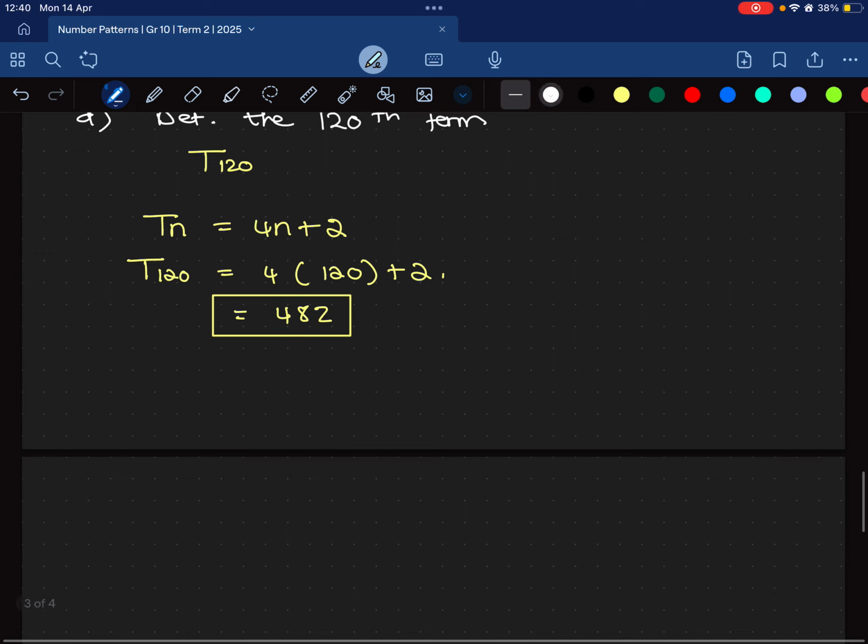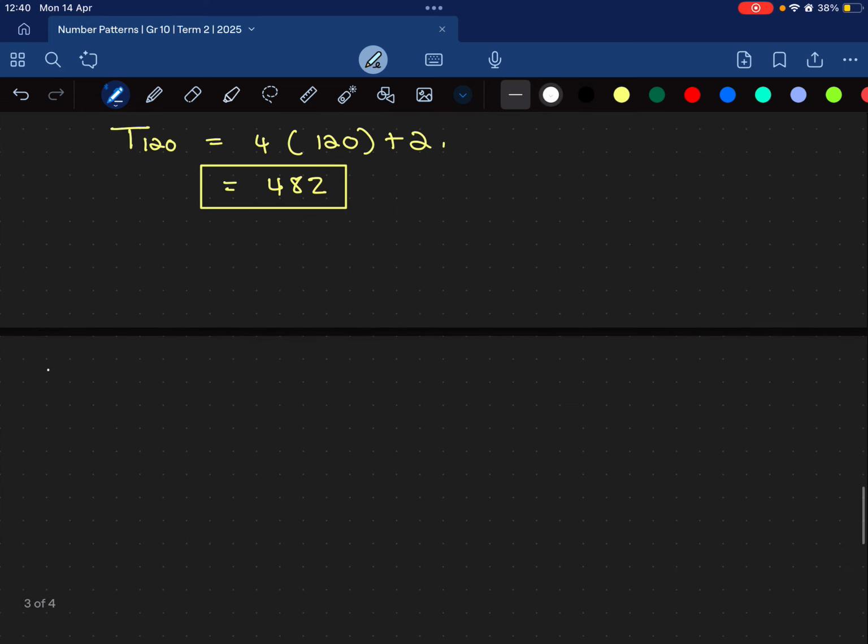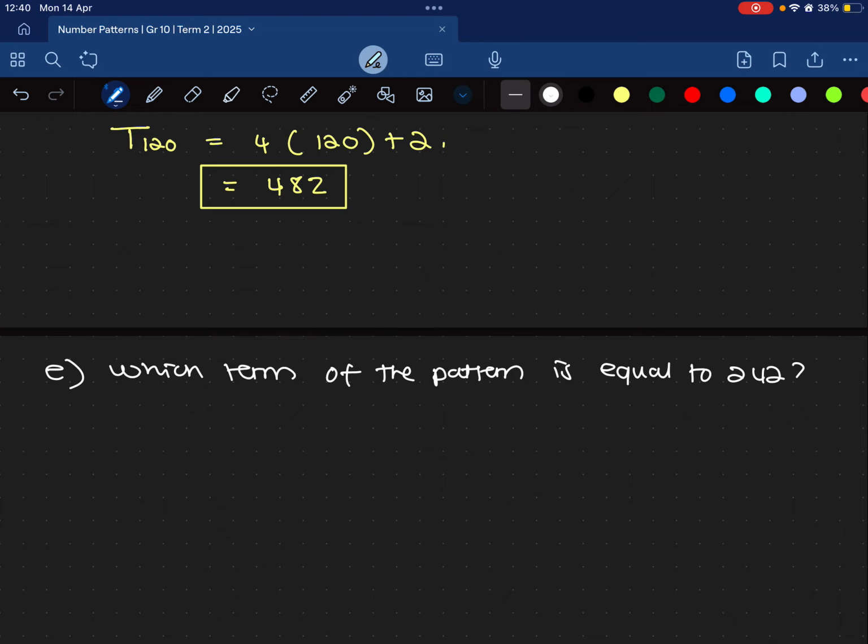Okay, then the last question in this example will be E, which says, which term of the number pattern is equal to 242?